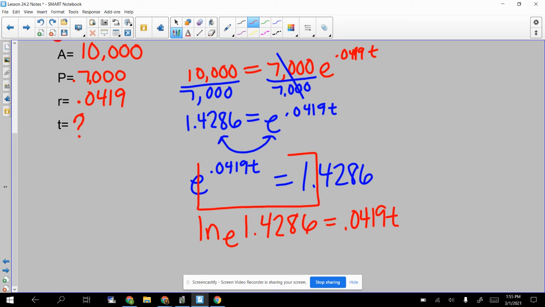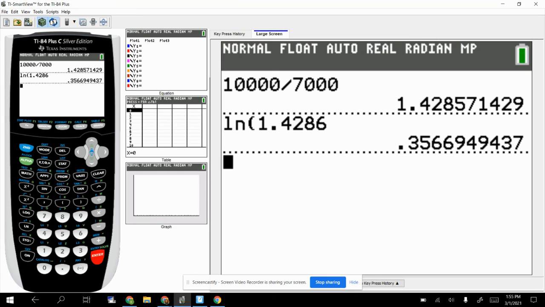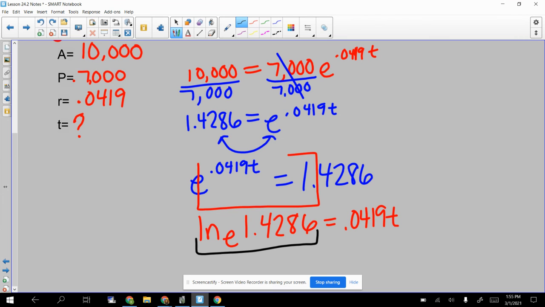Okay, so we're going to plug this part into our calculator. So natural log of 1.4286 equals, and you get 0.35669, so 0.3567. And still set it equal to 0.0419 t.